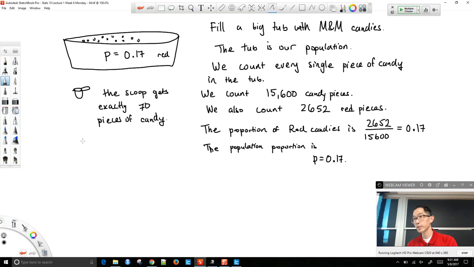and then I'm going to count how many pieces are red versus not red. So we'll call this my first scoop, 70 candies. How many do you think are red?